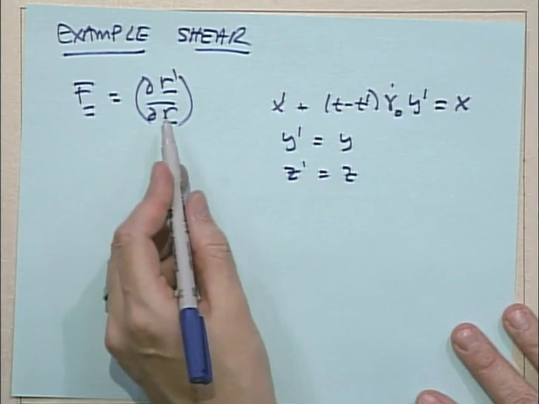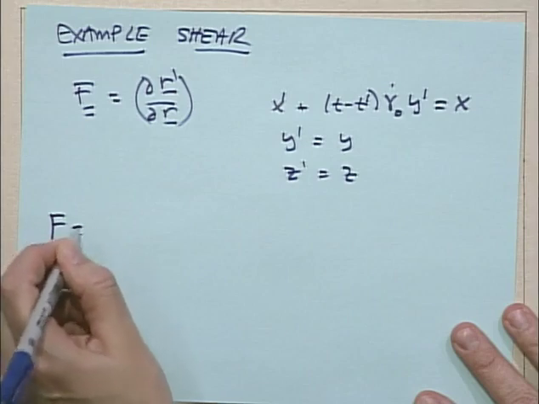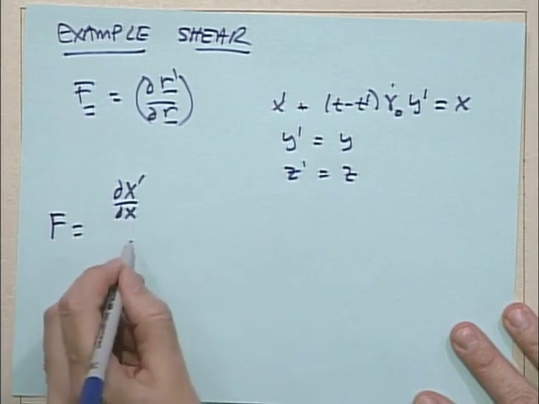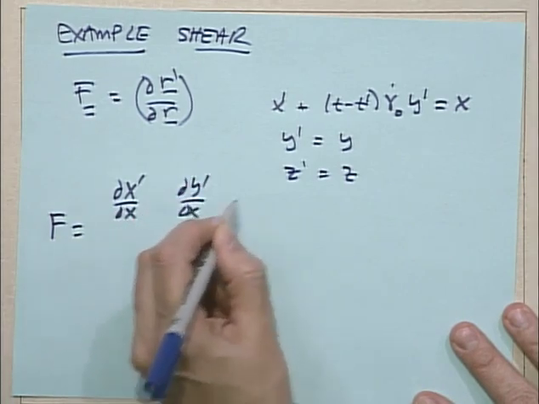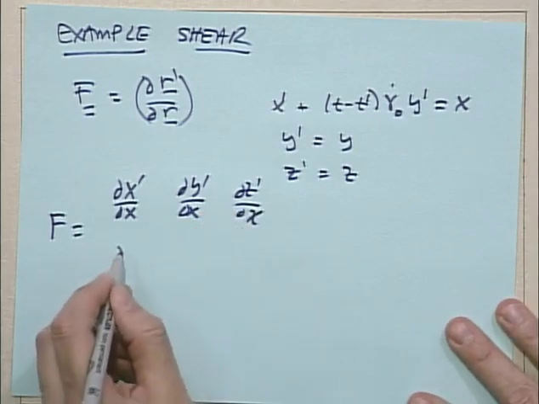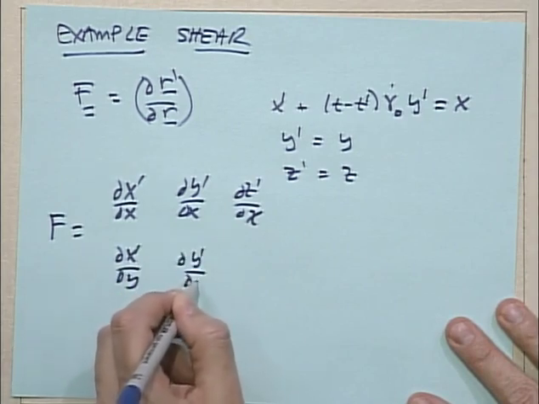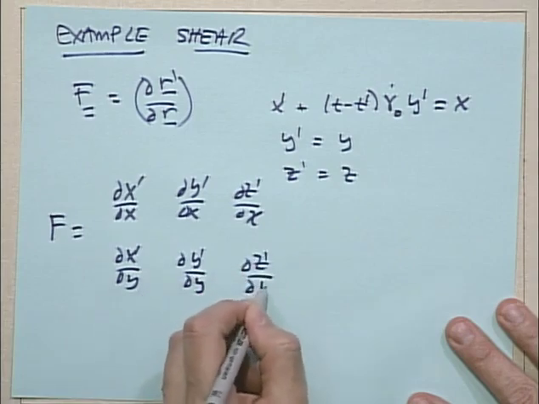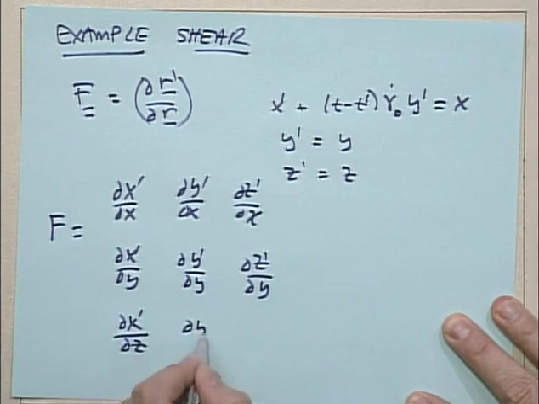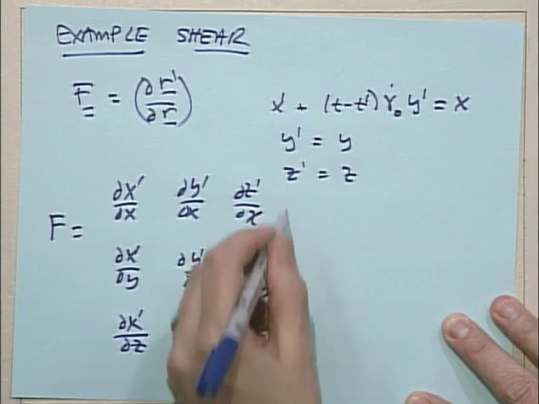So now we know we're going to need F, which is equal to dx prime with respect to x, dy prime with respect to x, dz prime with respect to x, dx prime with respect to y, dy prime with respect to y, dz prime with respect to y, dx prime with respect to z, dy prime with respect to z, dz prime with respect to z.